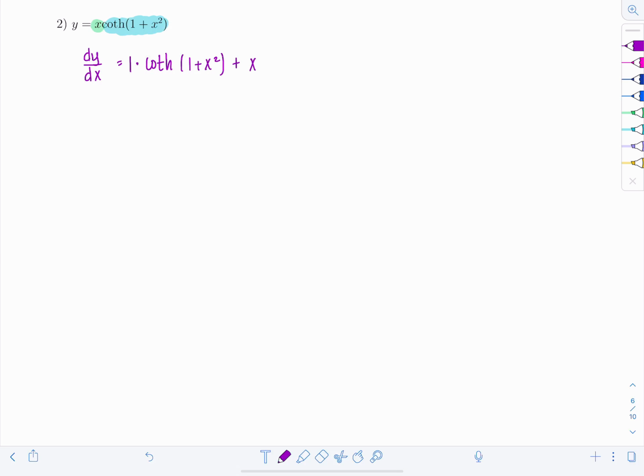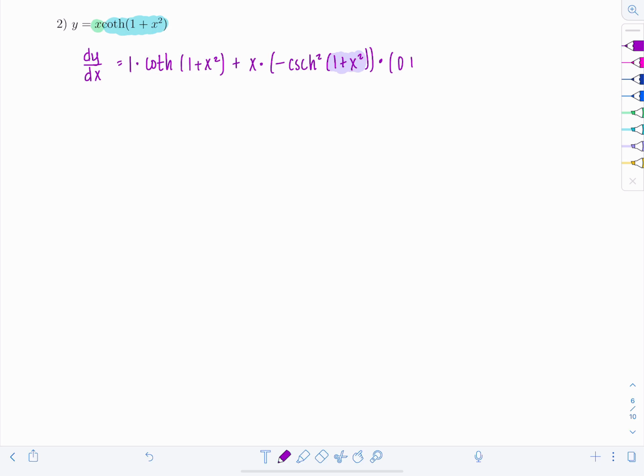Plus, now I'm going to leave x alone and take the derivative of hyperbolic cotangent. What is it? It's negative hyperbolic cosecant squared. You're going to leave this 1 plus x squared alone. And then by the chain rule, you're going to multiply by the derivative of 1 plus x squared. So what's that derivative?